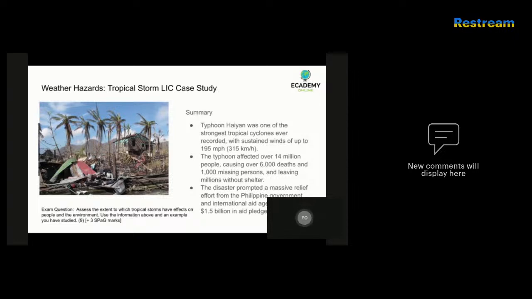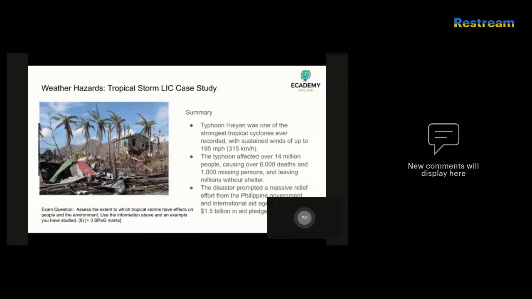So to get 7 to 9 marks, you need to be writing things such as wind speeds up to 300 kilometers an hour. 6,000 people died, 4 million people were made homeless. Power was interrupted at Tacloban Airport, for example. The Tacloban city was devastated.